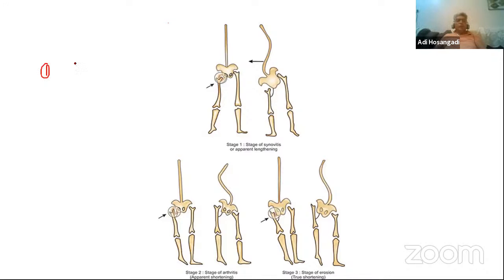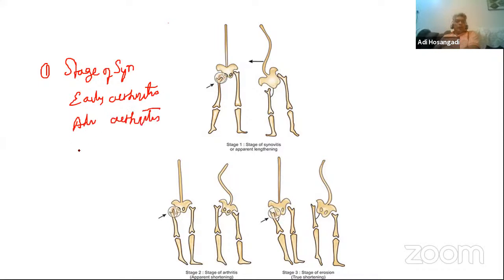Clinical stages of tuberculosis of hip. Stage 1, stage of synovitis. Stage 2, stage of early arthritis. Stage 3, stage of advanced arthritis.